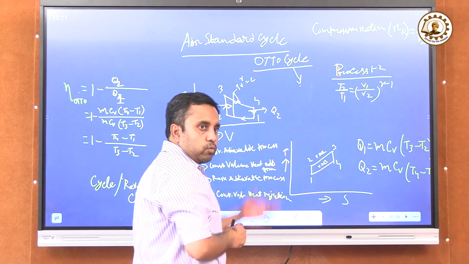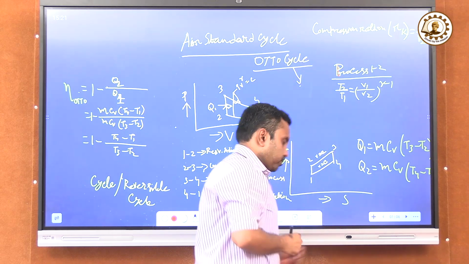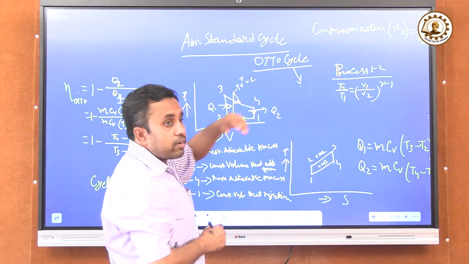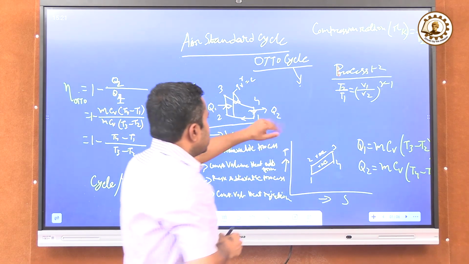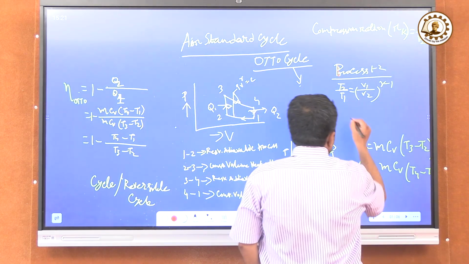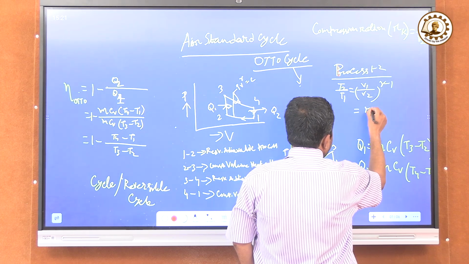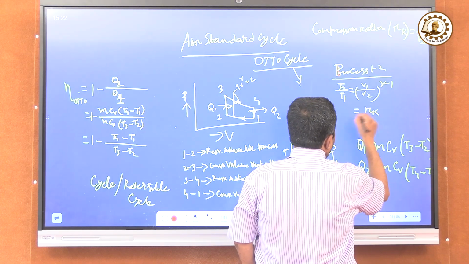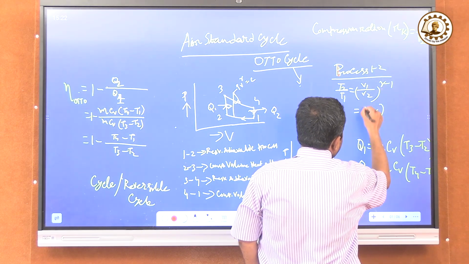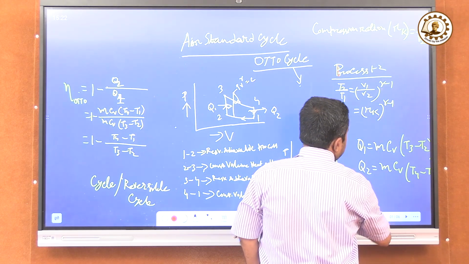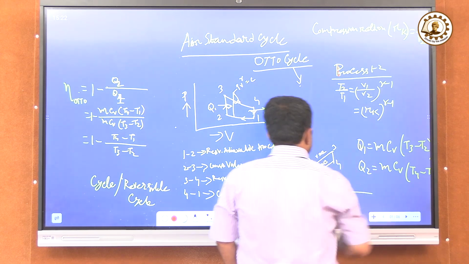How does it come? We discussed it previously in our first semester. It's third semester, pardon me. Now, from here, we can write Rk, as we know, it is V1 by V2 to the power gamma minus 1. Right?